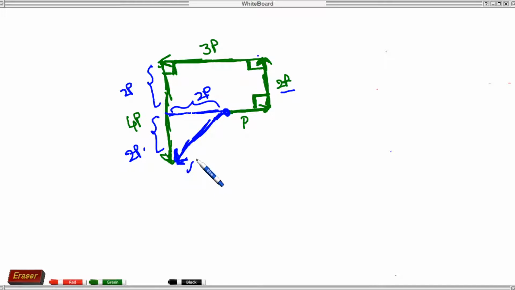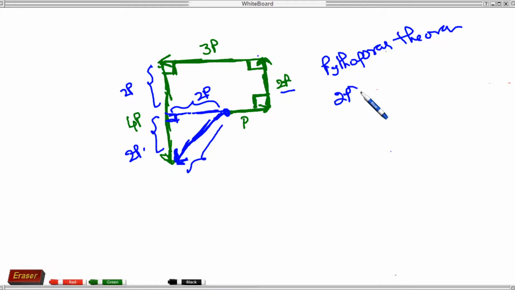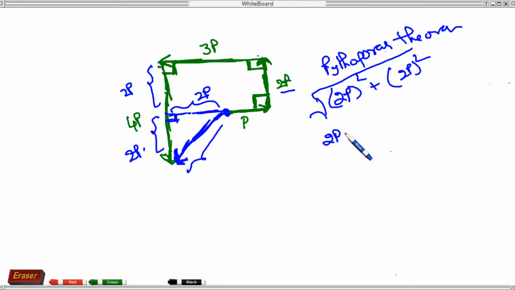It's perpendicular, so Pythagoras theorem: this one will be the square root of 2p squared plus 2p squared, which means 2p root 2.